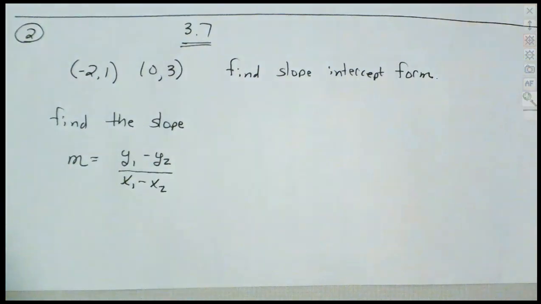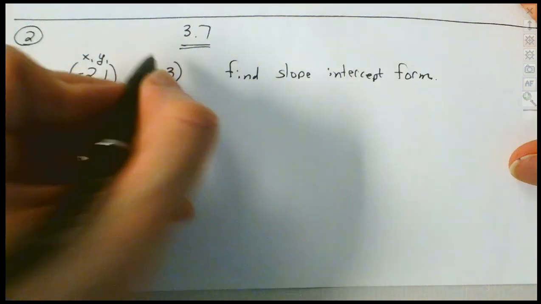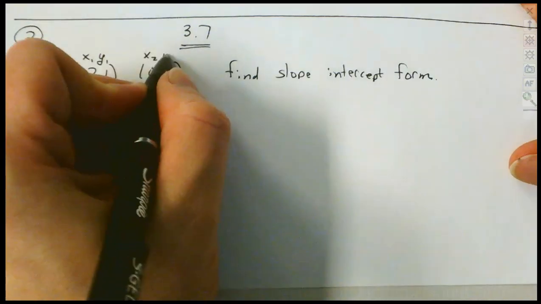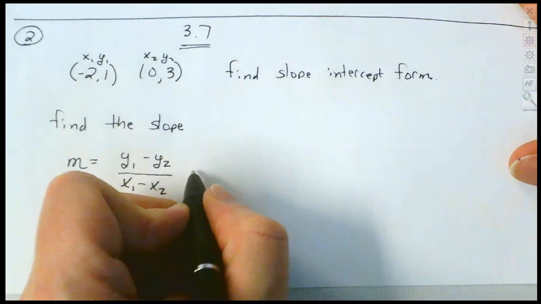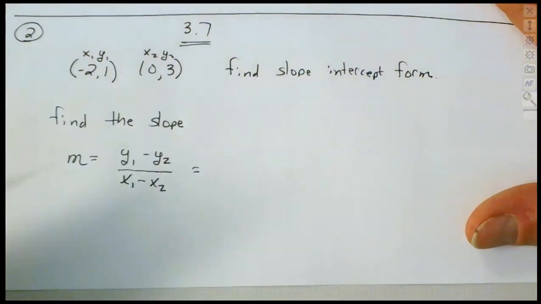You follow it along, and you can use this flowchart sheet on your exam. We label our ordered pair x1, y1, and the next one x2, y2. We plug our values in. And so that's going to be, now watch it, make sure y goes on the top. So the last numbers go on top.